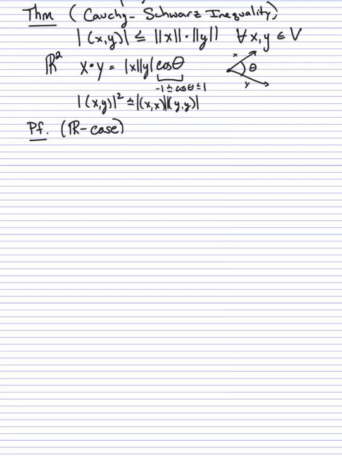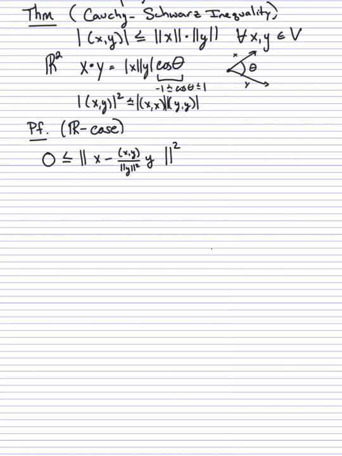You start with 0 less than or equal to the norm of any vector in V that we like, because the norm is always nonnegative. So we put the norm of x minus the inner product of xy over the norm of y squared times y. Here y is not assumed to be 0, otherwise the inner product would be 0 and we would be done, so this is well defined.